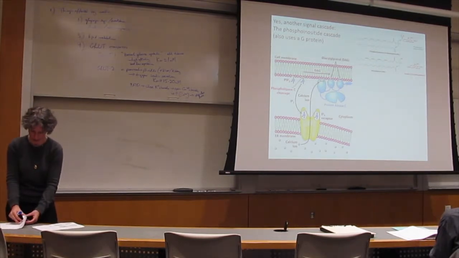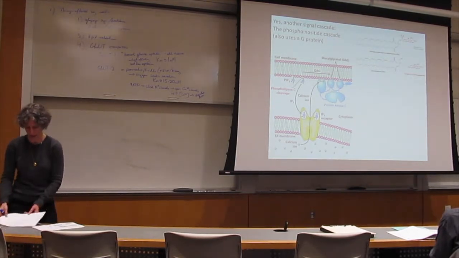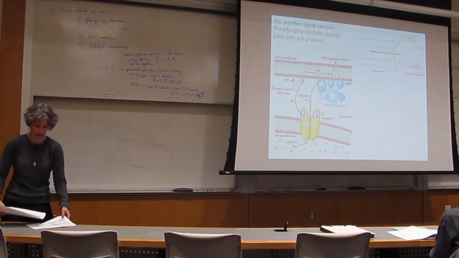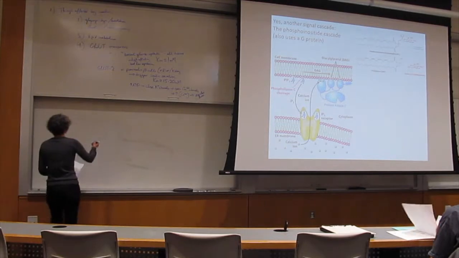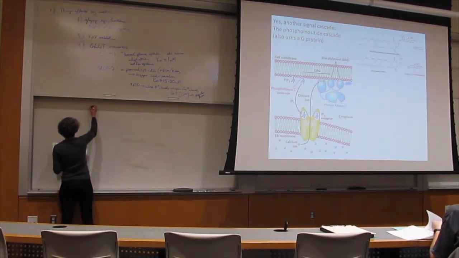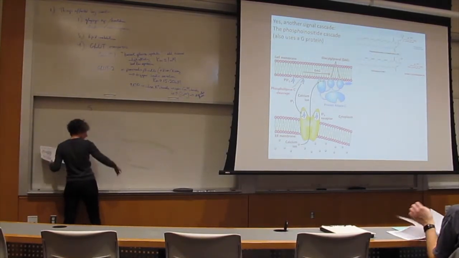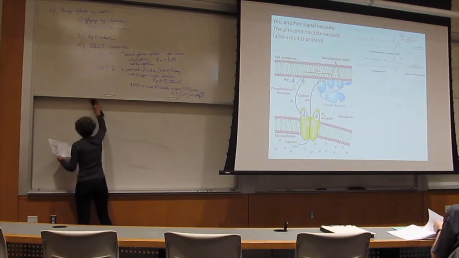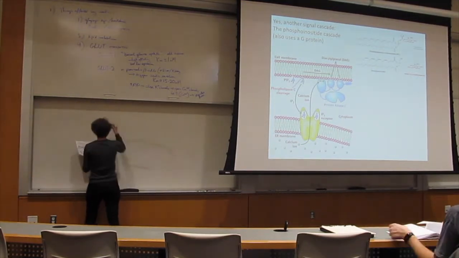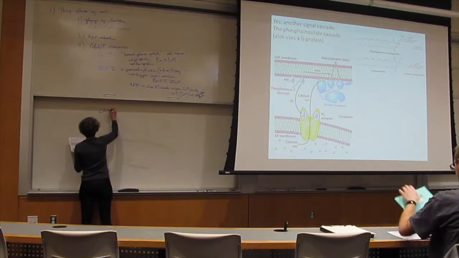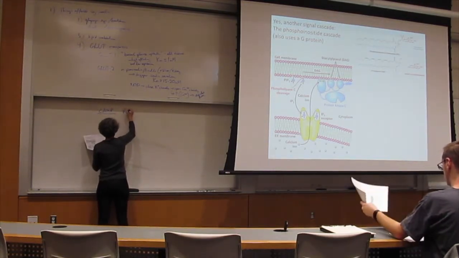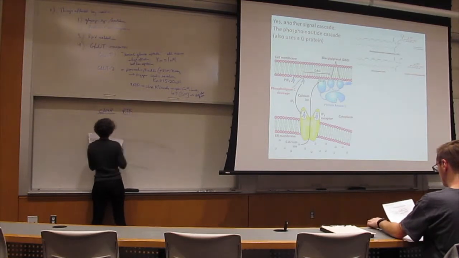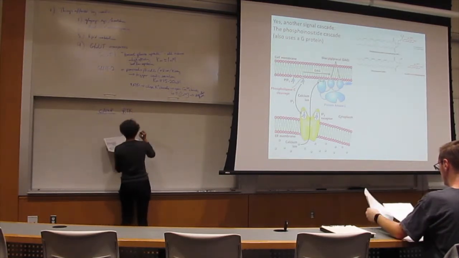Remember that table you guys started to make that first day of class, the signal transduction pathways table? Do y'all have it? We're going to finish it. So we had the cAMP system, and we had the receptor tyrosine kinase system, which is what insulin used.